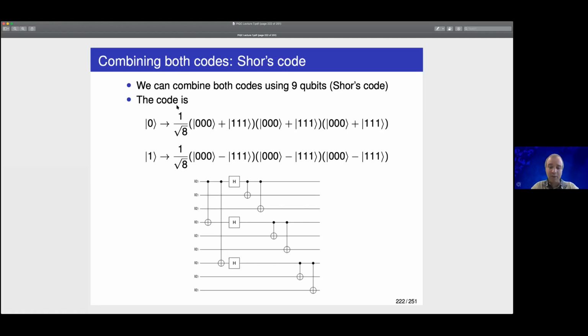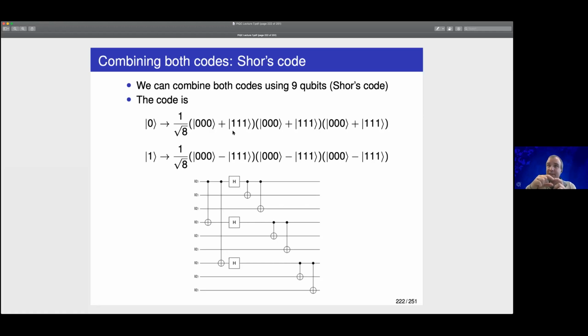In fact, there is one with 5 qubits, which protects against both kinds of errors. That is the minimum possible. But I'm going to show this one here because it's easier to understand with what we know about the other quantum error correcting codes.